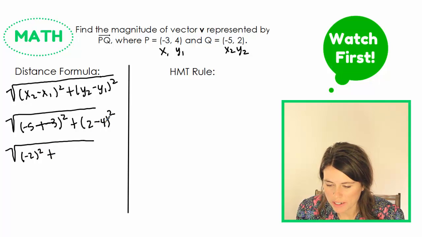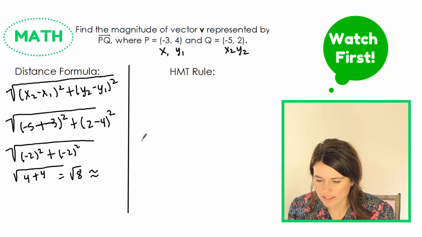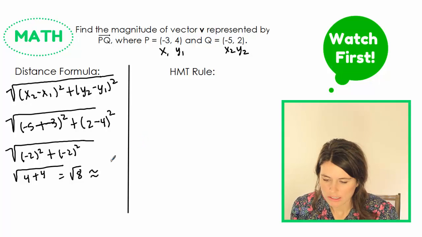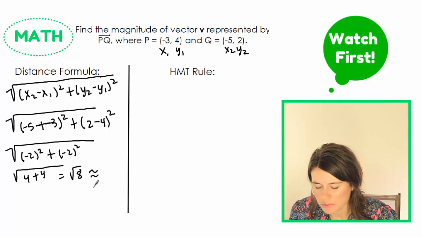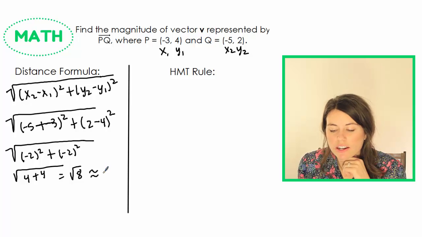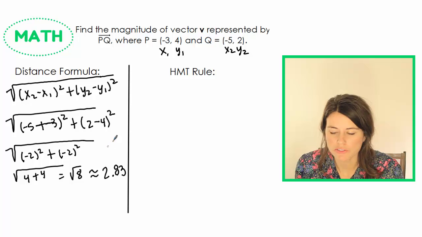Plus, 2 minus 4 is also -2, that's squared. So that's going to give us 4 plus 4, which is the square root of 8. And then from there, we would plug that into the calculator and get an estimate, which I don't know off the top of my head. All right, so I got out my calculator, and I found out square root of 8 is 2.83.